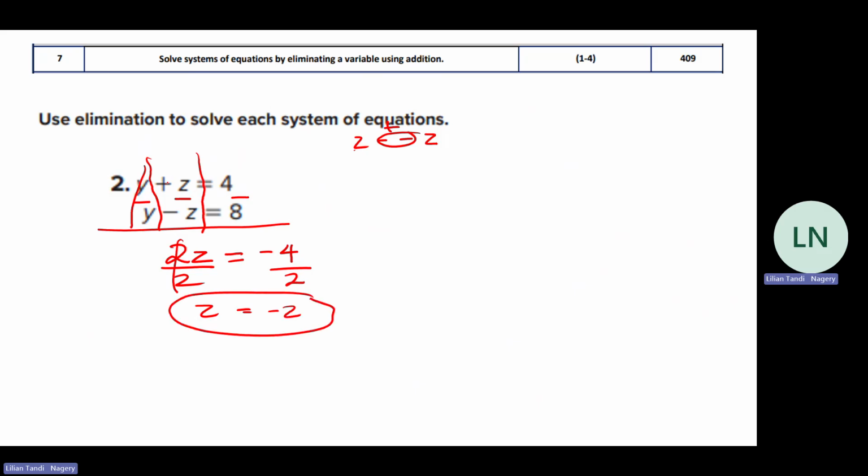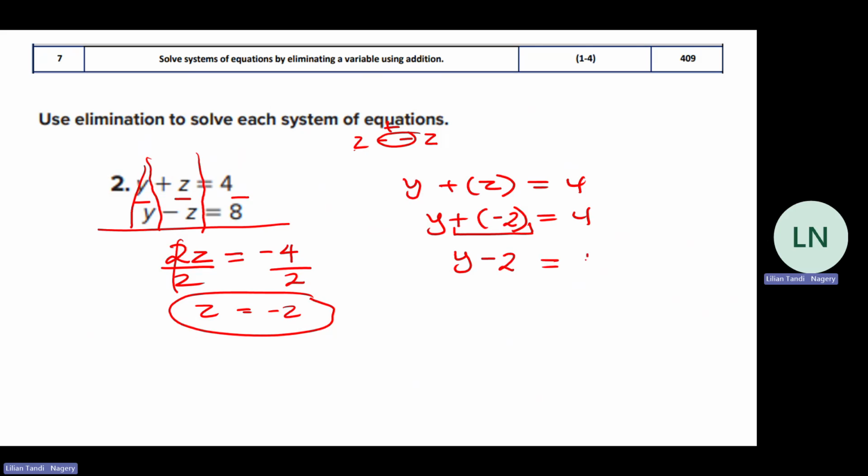Okay, now you do y. I would use the first equation. Y plus z is 4. Y plus negative 2 is 4. I will solve this, it will become y minus 2. See? Write 2 correctly. Okay.